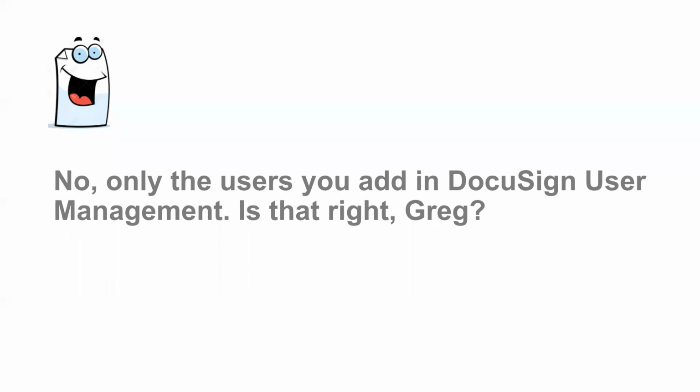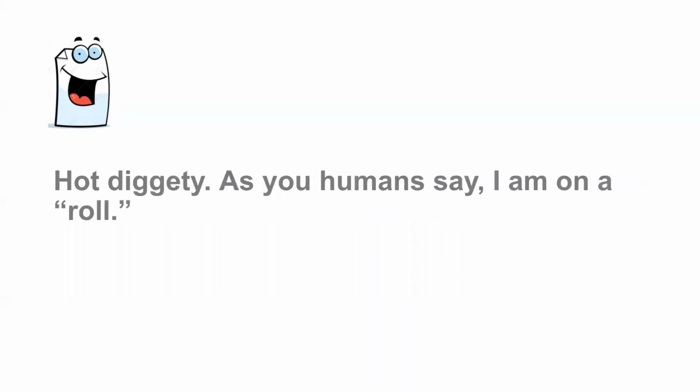This is where you can go in and add users by Salesforce username, by permission set, or by role. Once you've added the users in the DocuSign admin panel and given them their rights, those users are the ones that can self-authorize. It doesn't open up every single user in your Salesforce org to use your DocuSign account. So I hope that makes sense.